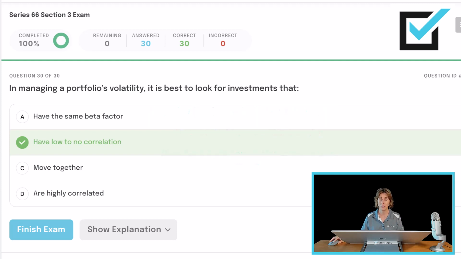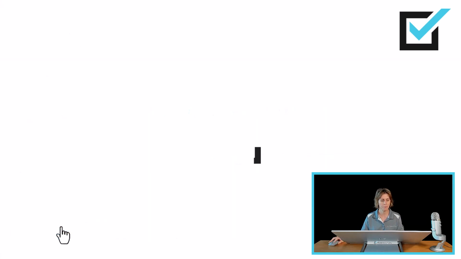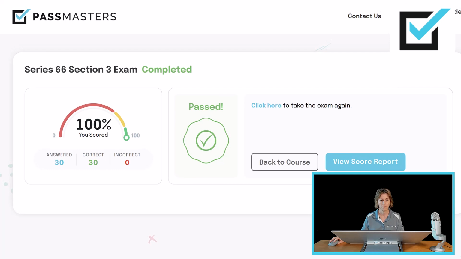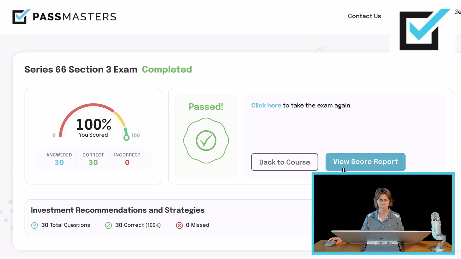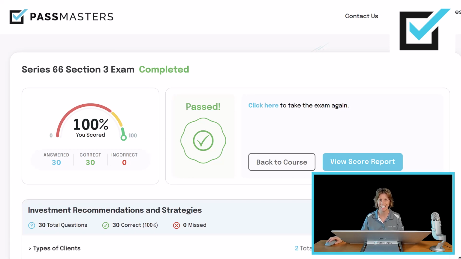So when you're done with an exam, you'll click Finish Exam. We got 100%. We passed. Great job. I'm going to click View Score Report. You can see the section that we just took a quiz on, investment recommendations and strategies. It is 30 questions. It is 39 on Series 65. When you click the down arrow, you can see all of the topics from the content outline that are within this section.